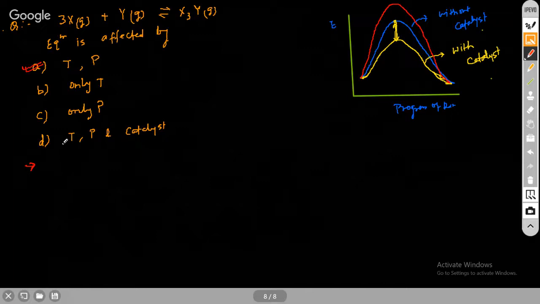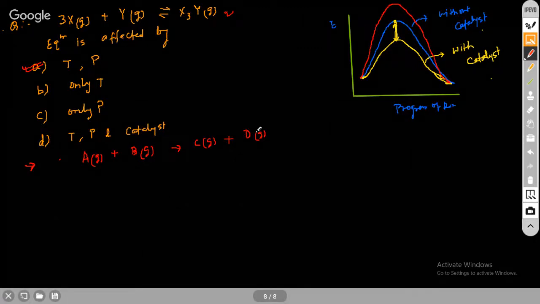Suppose I'll just explain one thing over here, that is the effect of pressure. Okay. Suppose we have A gas plus B gas. I'm taking a general reaction, and that is what we have here, right? This gives you C gas and D gas. Okay.